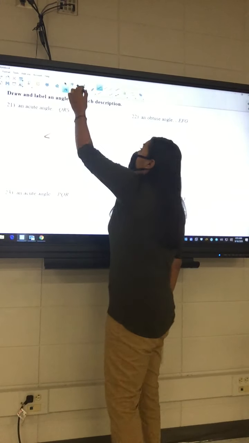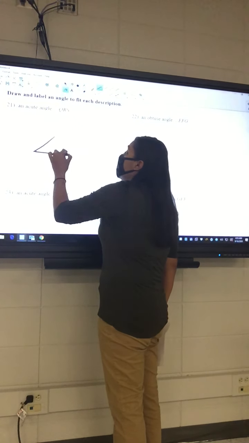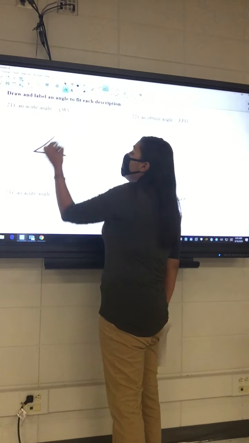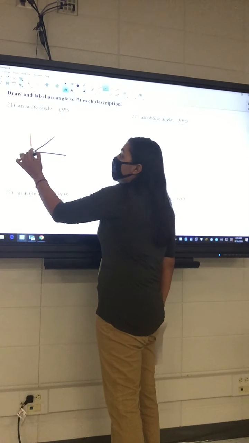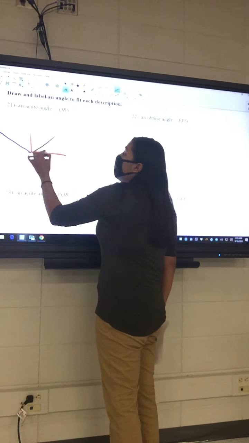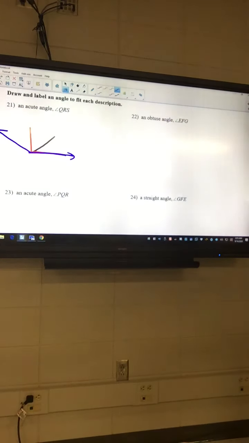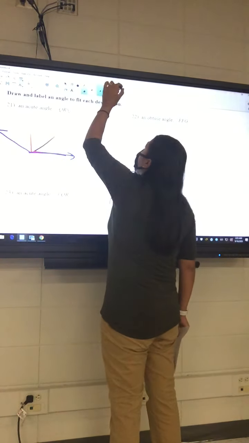It should be a nice picture, but it should look less than 90 degrees, because that's an acute, this would be a right, and this we can definitely tell is an obtuse, right? So I should be able to tell what it is.